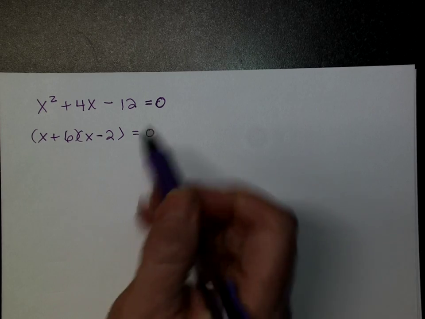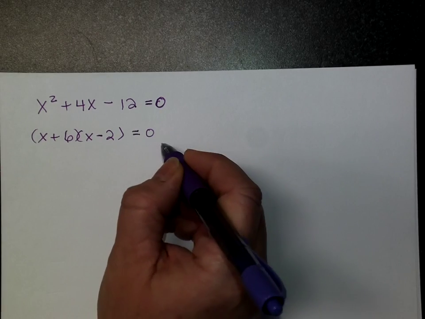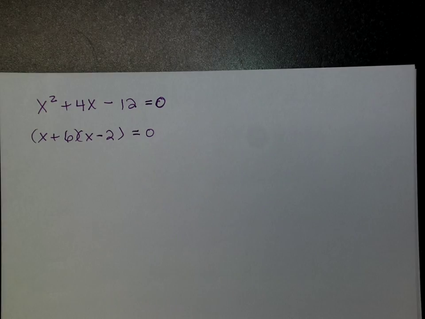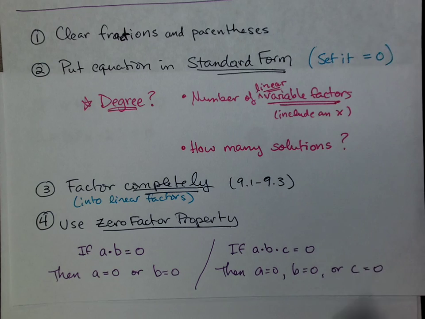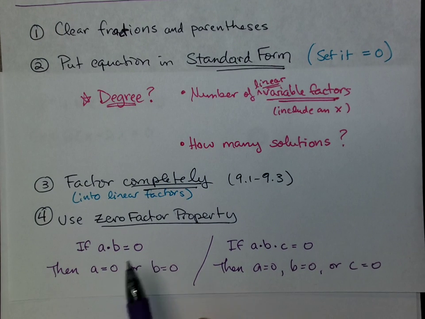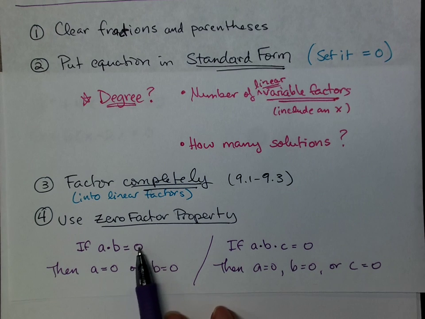Now, this is another reason why it must be equal to 0. Notice the 0 factor property only works because if a times b is equal to 0, then either a has to be 0 or b equals 0. But if this were not 0, if this were some other number like 5, then a and b could be anything. That doesn't tell us anything.